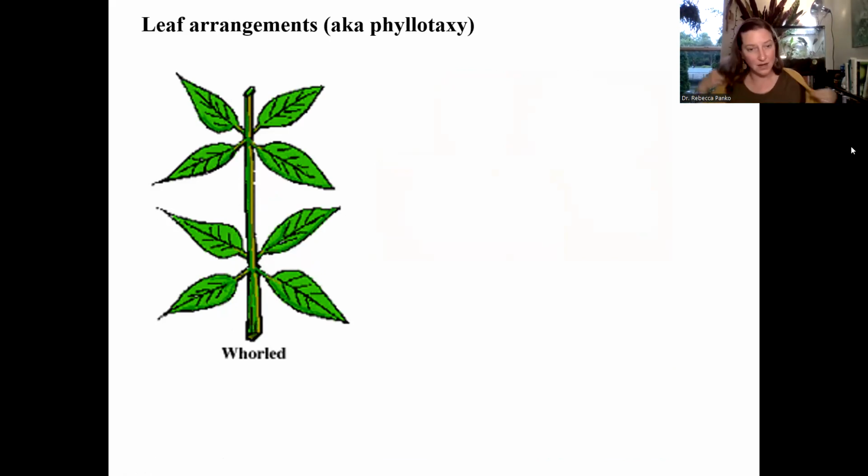And then lastly here, I think this is the last one we cover today of arrangements, is this thing called whorled. Whorled is like whirled around in a spiral. So it's hard to see in this drawing, but basically these leaves are all originating from the same point, but into different directions around the stem.